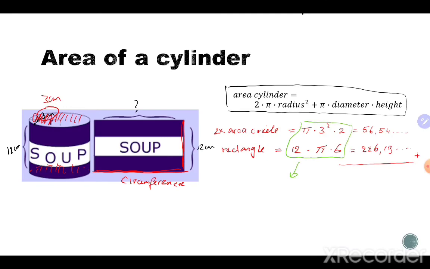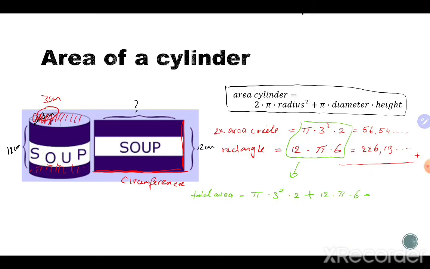So the total area is pi times 3 squared times 2 plus 12 times pi times 6. Because then you do not use any rounded numbers.